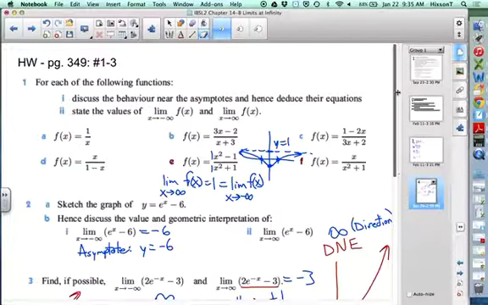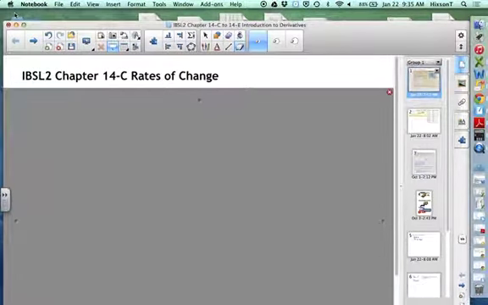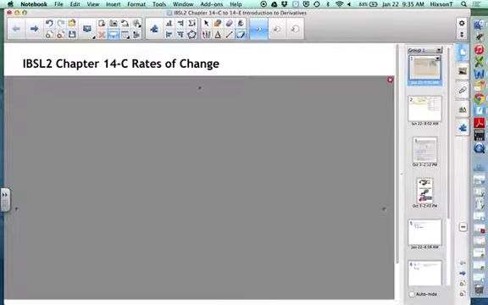Alright, then, what I want to look at today, I know it says 14C, we're actually going to be looking at the concepts covered in C, D, and E kind of together. They're so closely related, I think the book takes a little too much of a baby step approach to it.